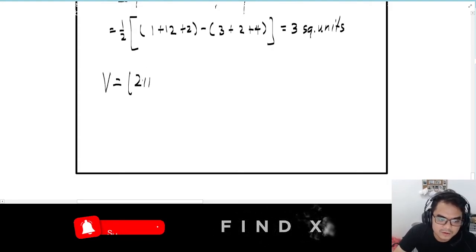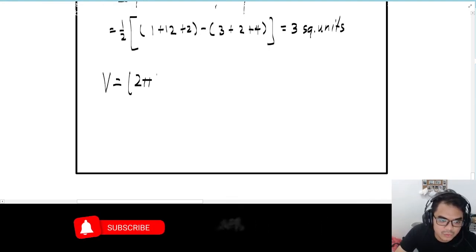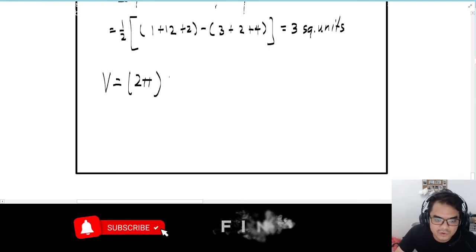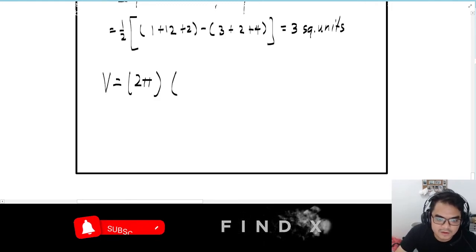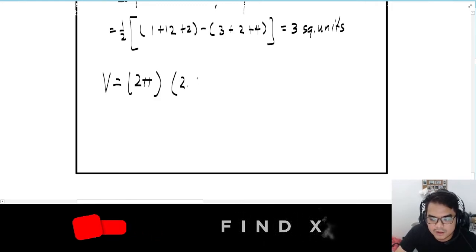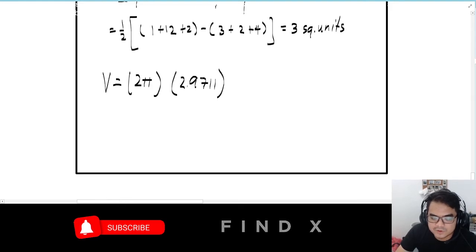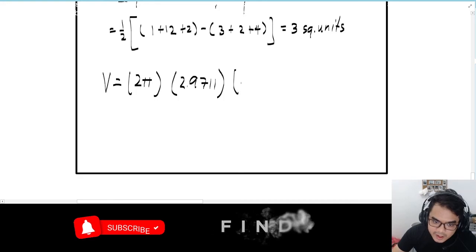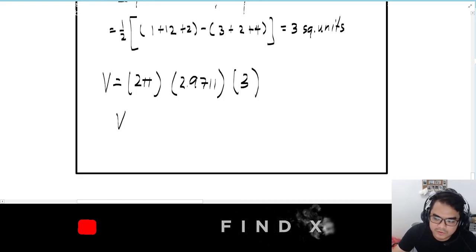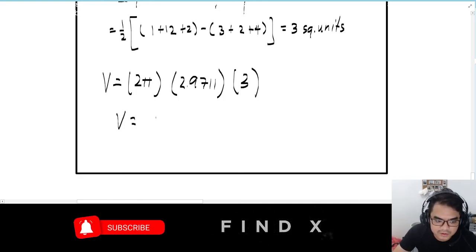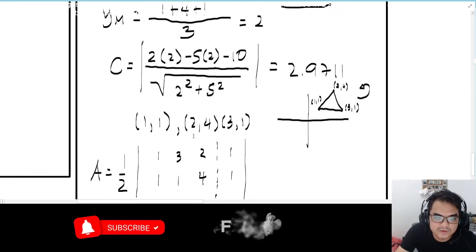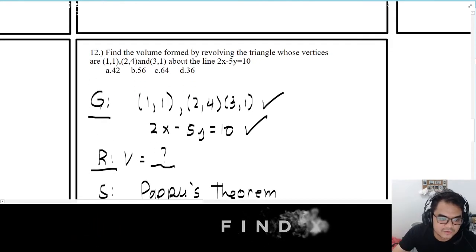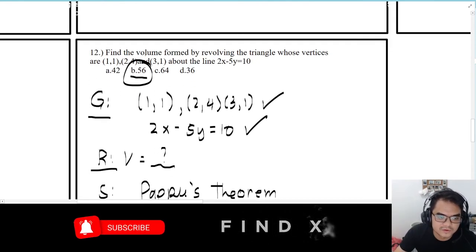Theta is 2 pi. You're rotating the whole object to 2 pi, or 360 degrees. And then you have the 2.9711, this is the distance from the centroid to the line, and the area of the triangle, which is equal to 3. So getting that, the answer that you'll get here is approximately 56. So let's have the choices. We got 56. Yep, we have 56. So this is your answer.